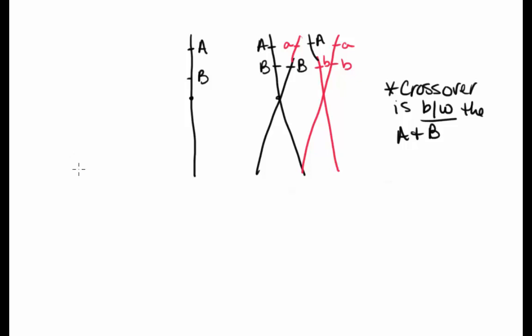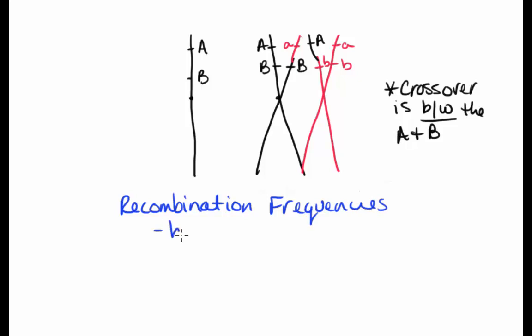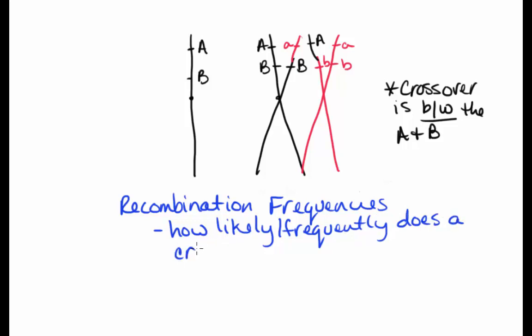So based on this concept, geneticists have come up with what we call recombination frequencies. Recombination frequencies are frequencies that we can calculate that will tell us how likely, or you could say how frequently, does a crossover event occur between two specific genes.